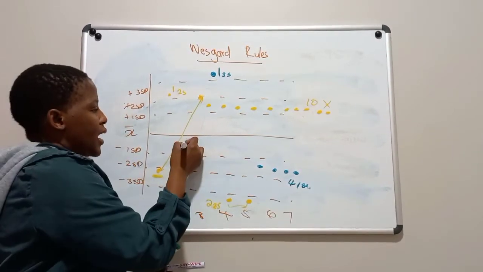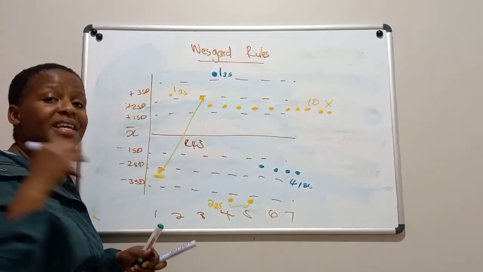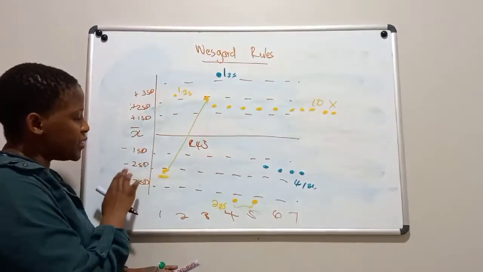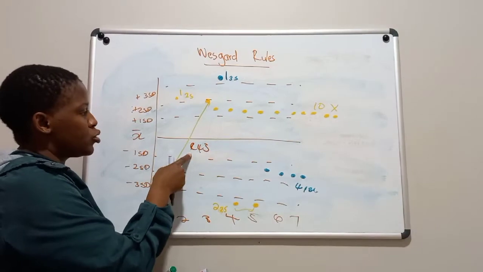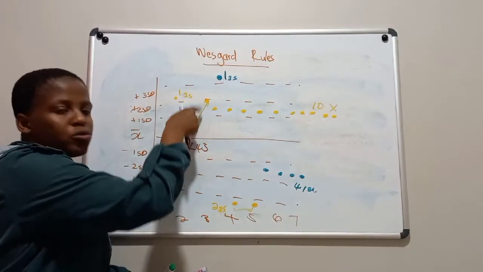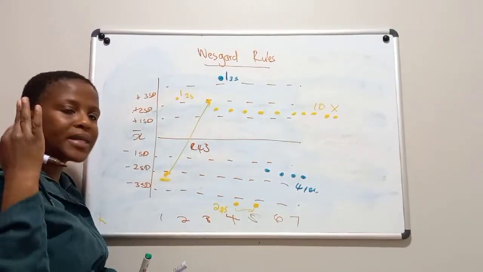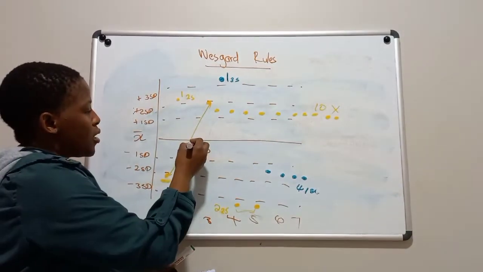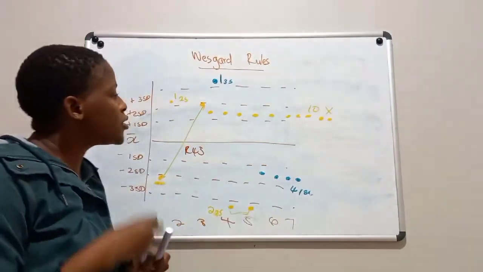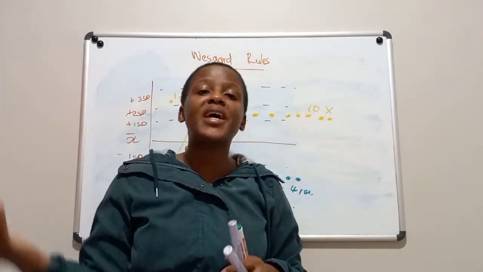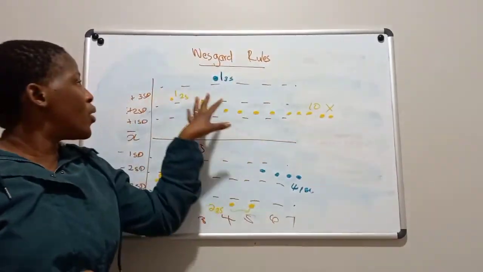So this is the R-4S. It means it exceeds 4 standard deviations, so as you can see, it's going to exceed 1, 2, 3, 4. So that is the R-4S rule. And like I said, most of these rules are rejections, except the 1-2S, which is a warning.